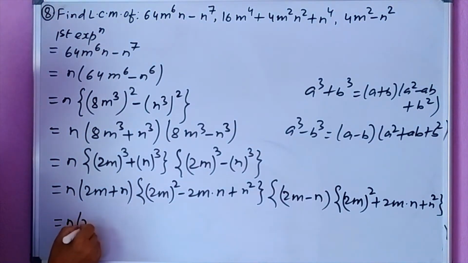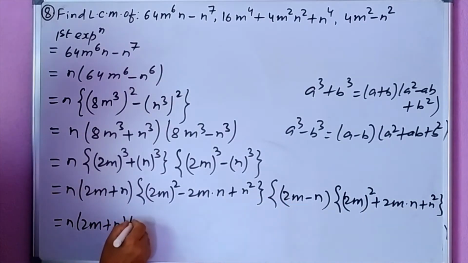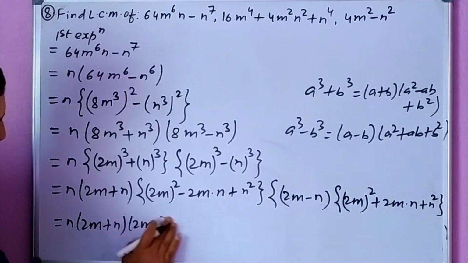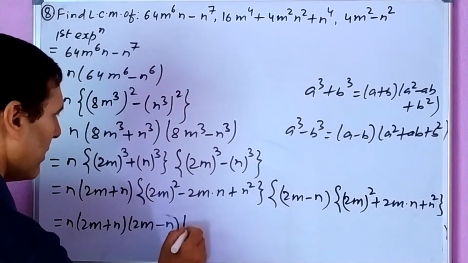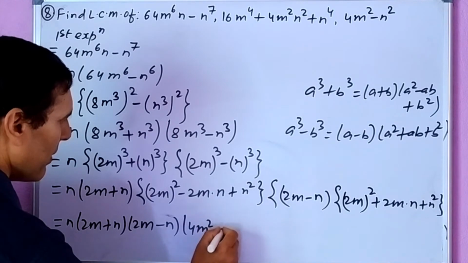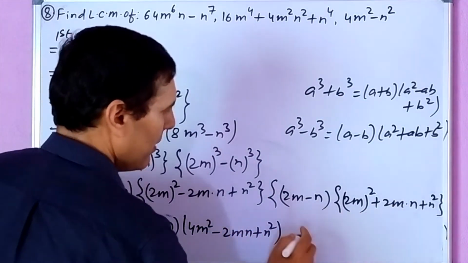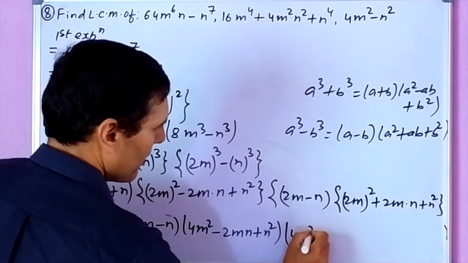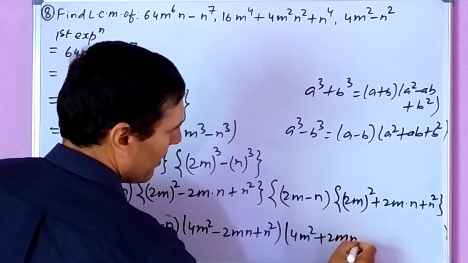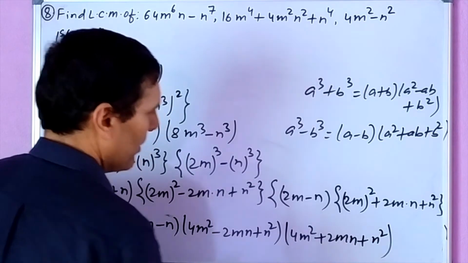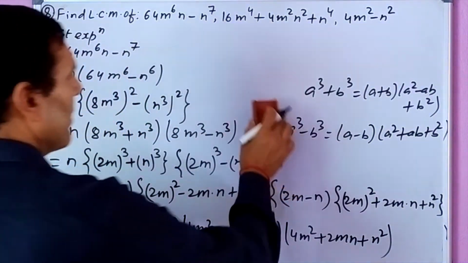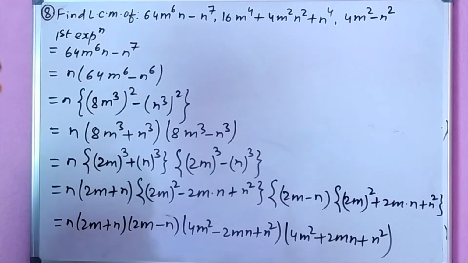Now this is 2m plus n. Here we have 2m minus n, and this is 4m square minus 2mn plus n square, and this is 4m square plus 2mn plus n square. So these are the factors of the first expression.